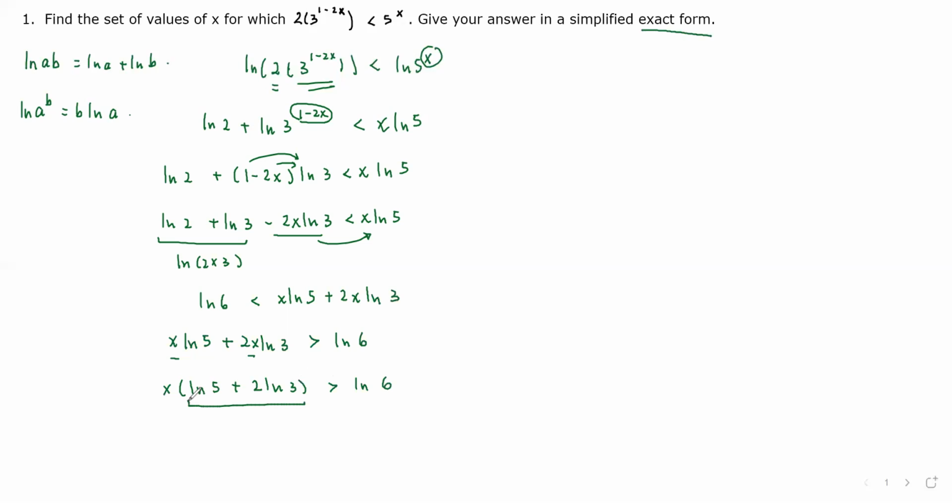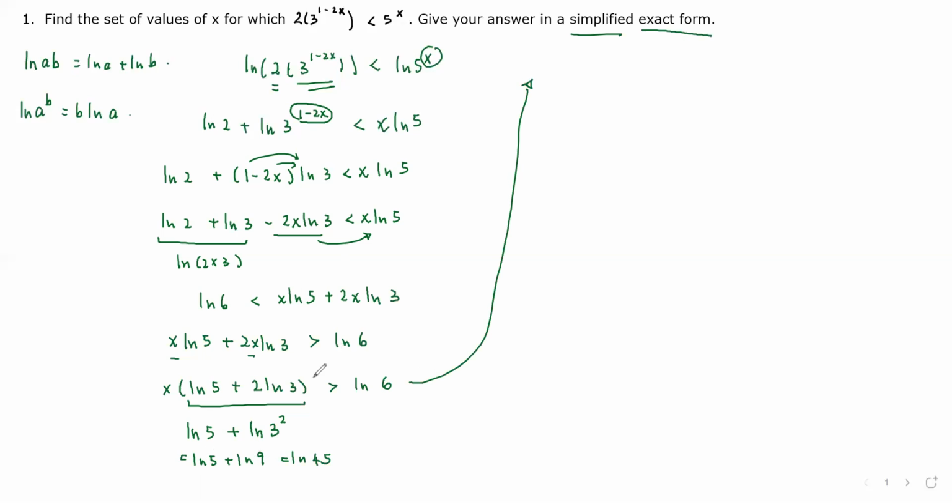Now let's look at ln 5 plus 2 ln 3. You have to write this as a single term because the answer must be in simplified exact form. Use the power law: bring the 2 back to be the exponent of 3. That would be ln 5 plus ln 9, which is ln 45 from the product law, multiplying these two.